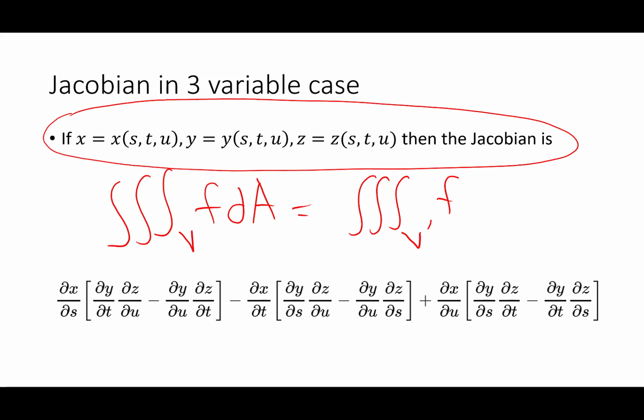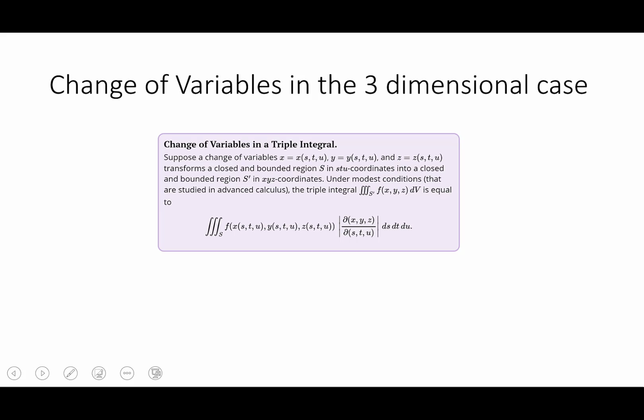F, we are going to have to multiply by something, and that something is given by the 3-variable case Jacobian, which hopefully you see looks very, very nasty. We'll see a better way of thinking about this so you don't have to memorize a formula like that. But in any case, if you're dealing with a triple integral and a change of variables, it's the same thing as in the 2-variable case, except your Jacobian is going to look a little bit nastier.